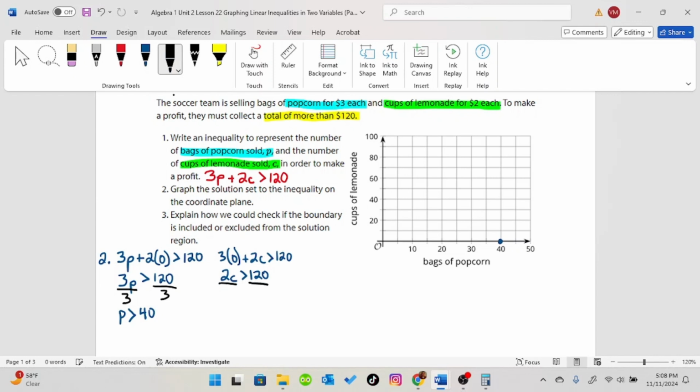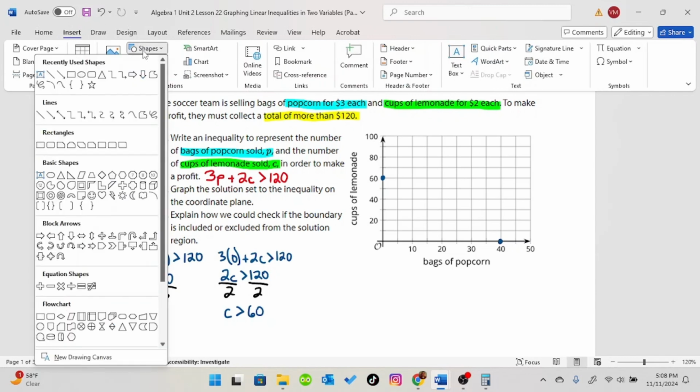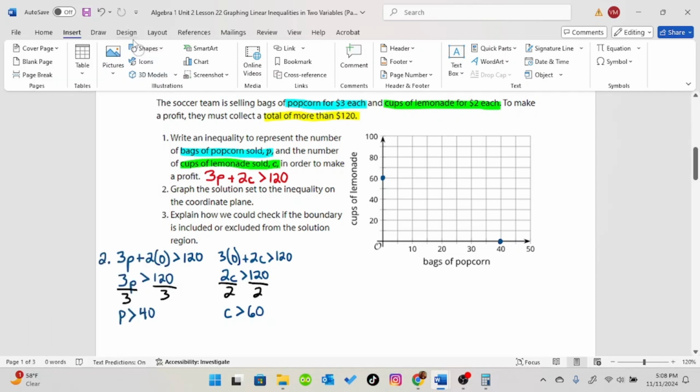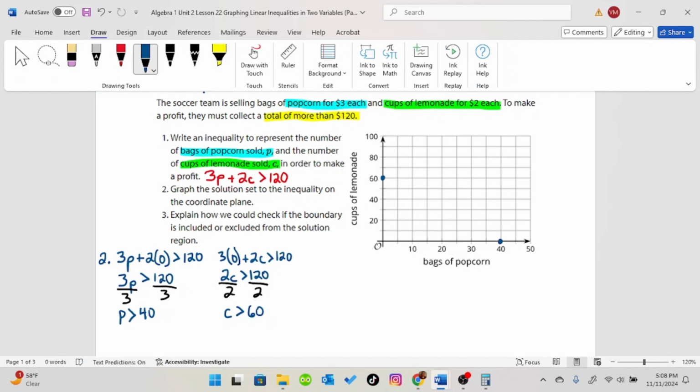The opposite of multiplying by 2 is dividing by 2. So C must be greater than 60. We go to the C-axis and we put a point right here at 60. Now, because it must be greater than, we're going to draw a dashed line connecting them. That way we do not include the values that make it equal to.